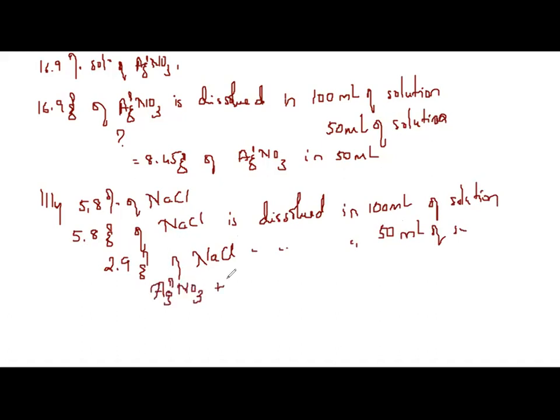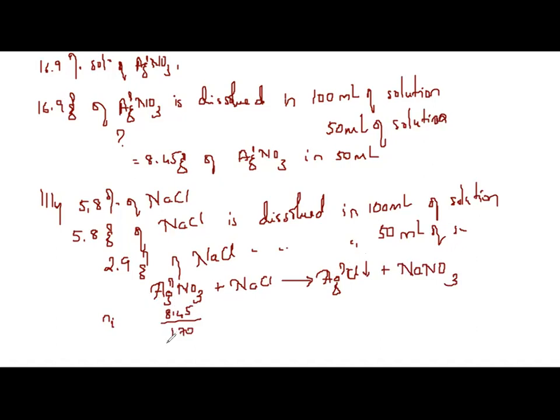AgNO3 plus NaCl gives a precipitate. This is the typical reaction for chloride confirmation: AgCl plus NaNO3. You will get a white precipitate of silver chloride. Initial number of moles of AgNO3: 8.45 divided by molar mass, 107 plus 14 plus 16 into 3, which comes out to 170.